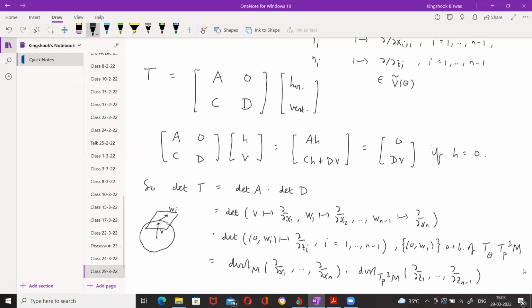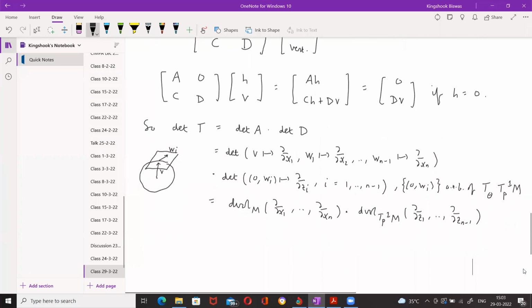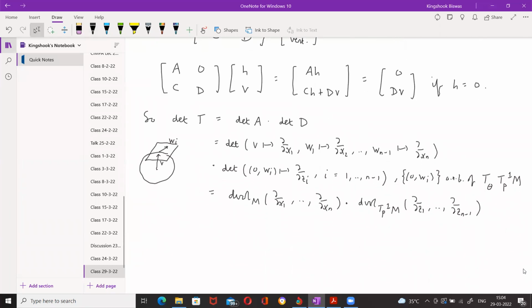So the point is the volume form acting on a basis splits as the product of volume forms. That is the point. Volume form of M together with the volume form of the fiber.